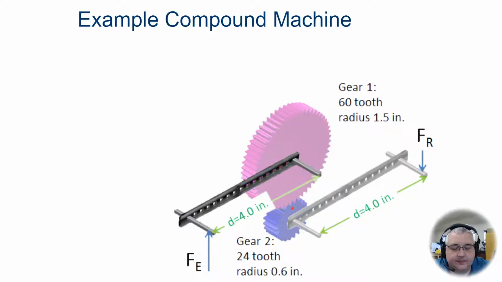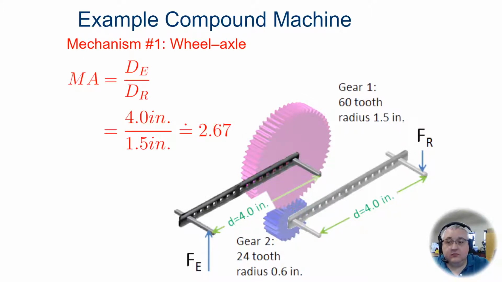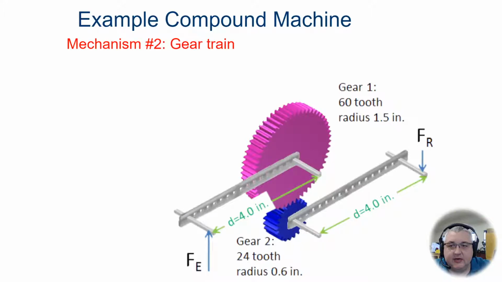If we look at the wheel and axle, we have to use mechanical advantage because we're dealing with forces. Mechanical advantage is the effort distance divided by the resistance distance. So we can pull that out of the information and know that our mechanical advantage is 2.67. If we look at the gear train, we have to switch from mechanical advantage.